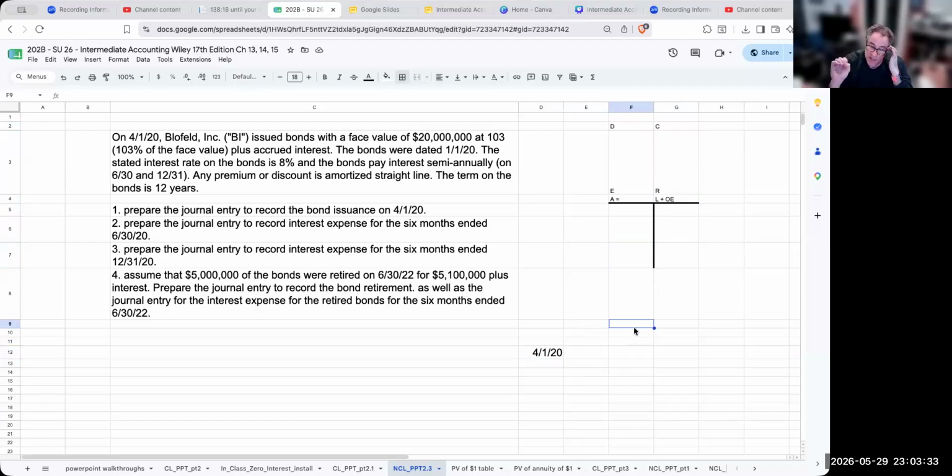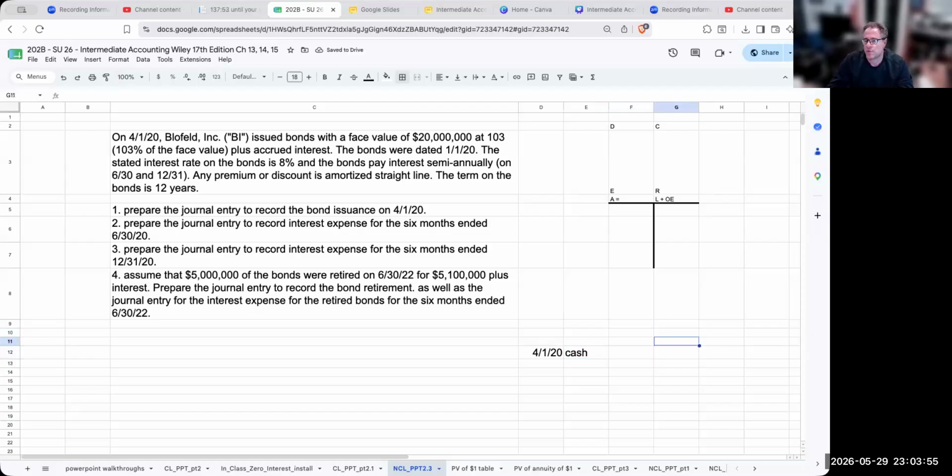It basically means that the proceeds were 103%. If it was at 100, it would just be issued at face value. But if it's 103, it's going to be at 103% of the total amount. So we are getting cash.